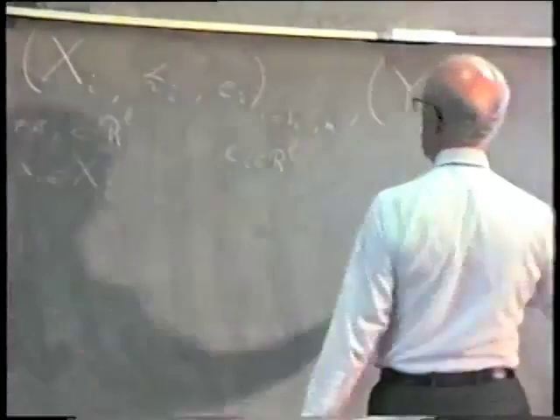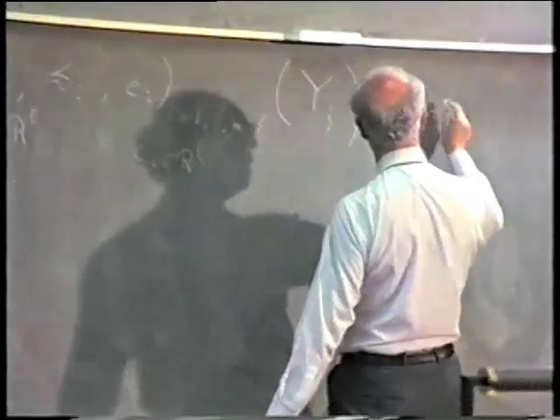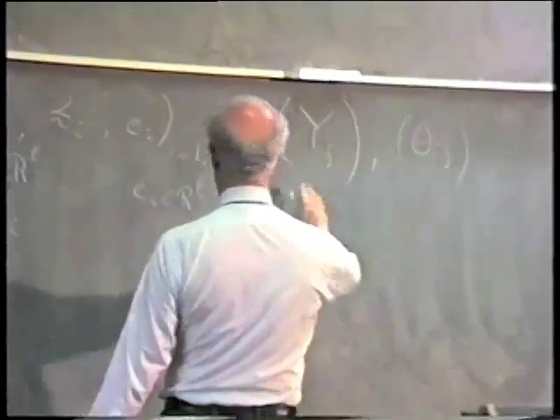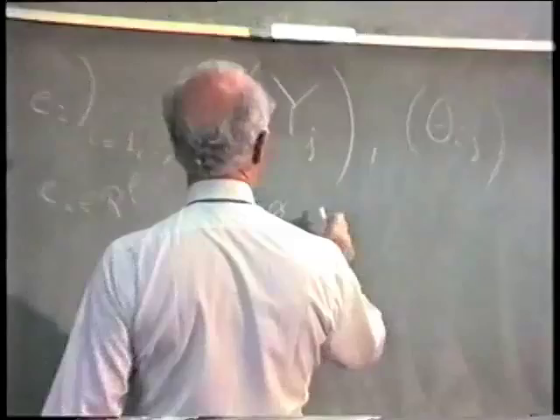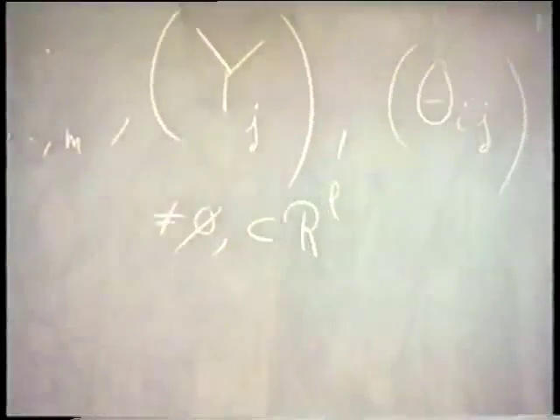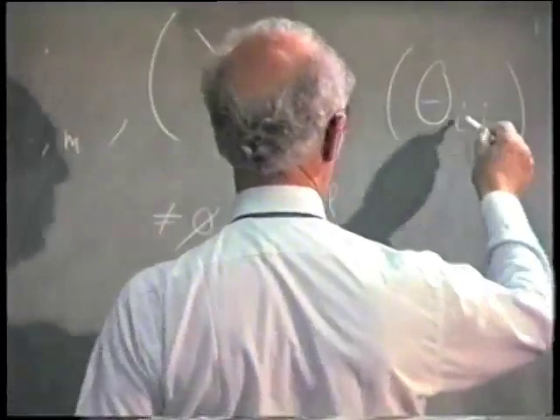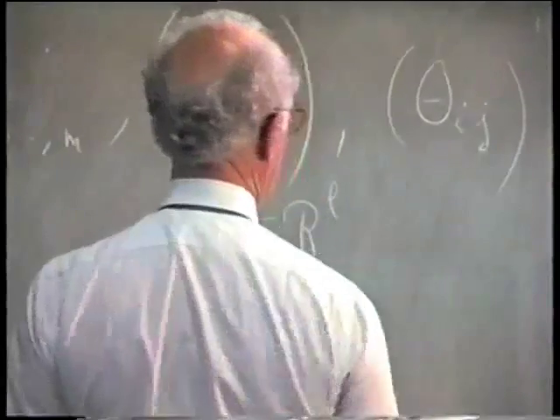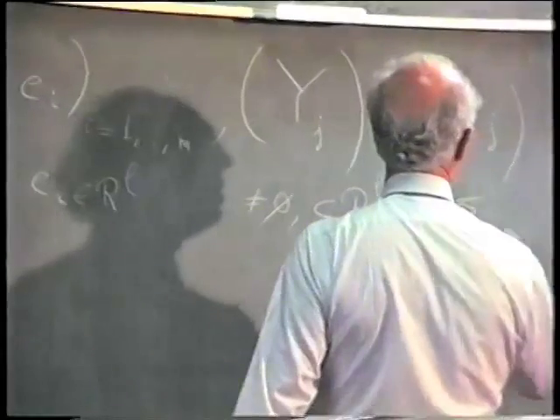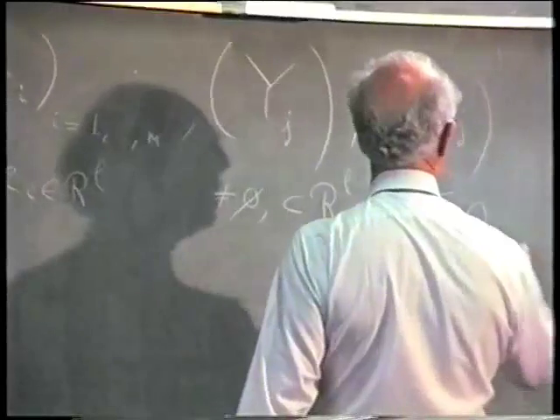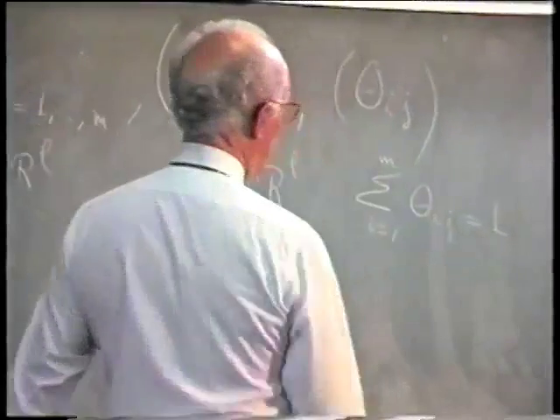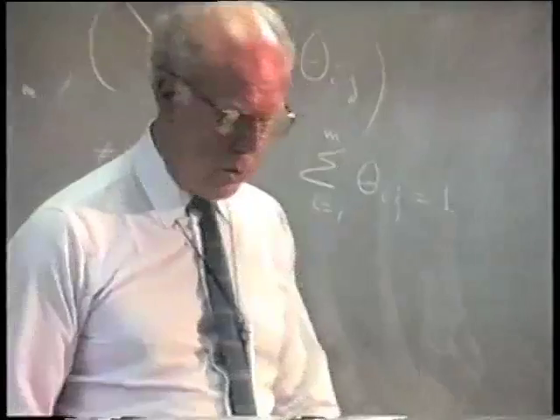And the last thing that you need is to specify how the profits of the producers are distributed to the consumers. So Y_j again is non-empty and is a subset of the commodity space. Theta_ij means the share of the profit of the jth producer that goes to the ith consumer. Those numbers are non-negative, and they must be such that the sum over i of theta_ij is equal to 1. That is to say, the profits of a producer are fully distributed to the consumers.